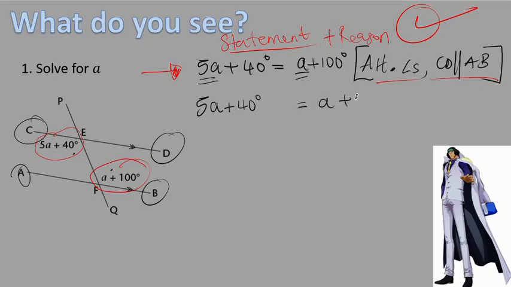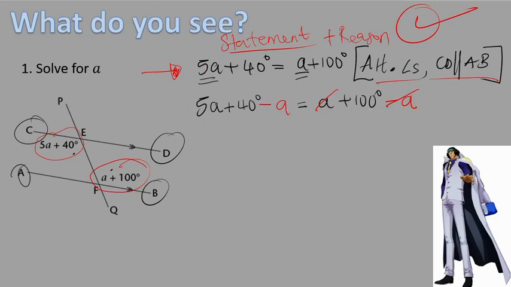So I want to take the A to the other side. How do I take A to the other side? Additive inverse. I have to say minus A. Because I said minus A on the right, I'm going to say minus A on the left too. So this A now moves from this side, it goes to the other side.